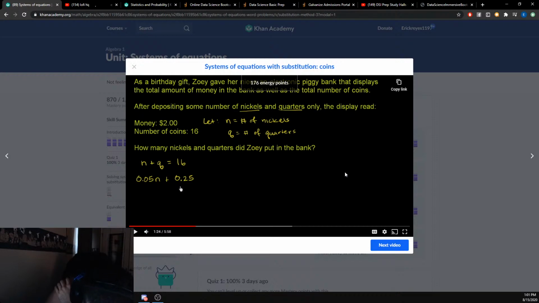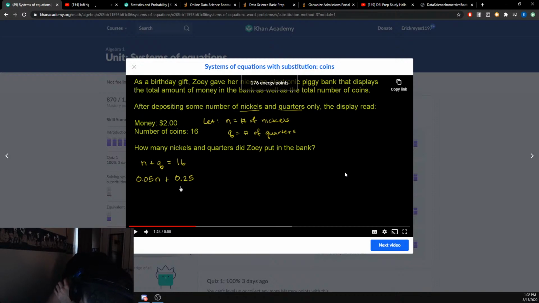It's going to be 0.8 minus 0.05y plus 0.25y equals 2. 0.25 minus 0.05 is going to be 0.2. So 0.8 plus 0.2y equals 2.